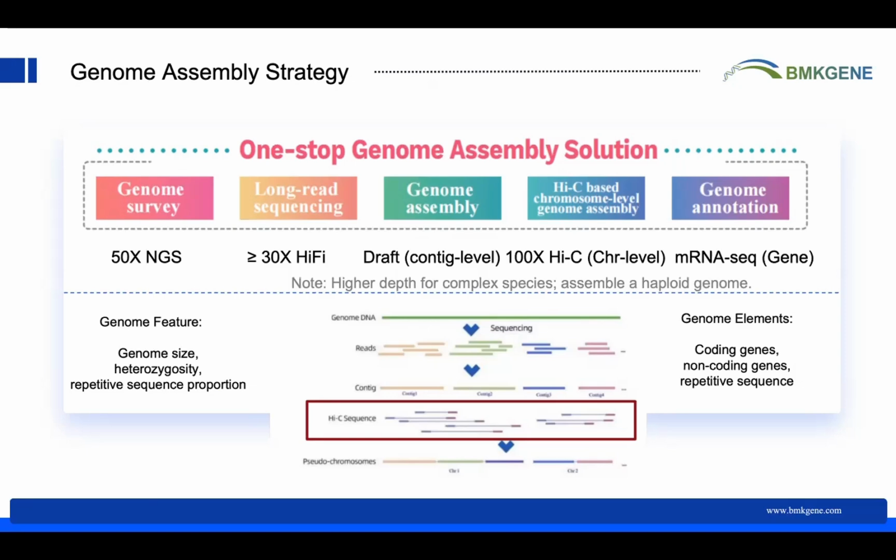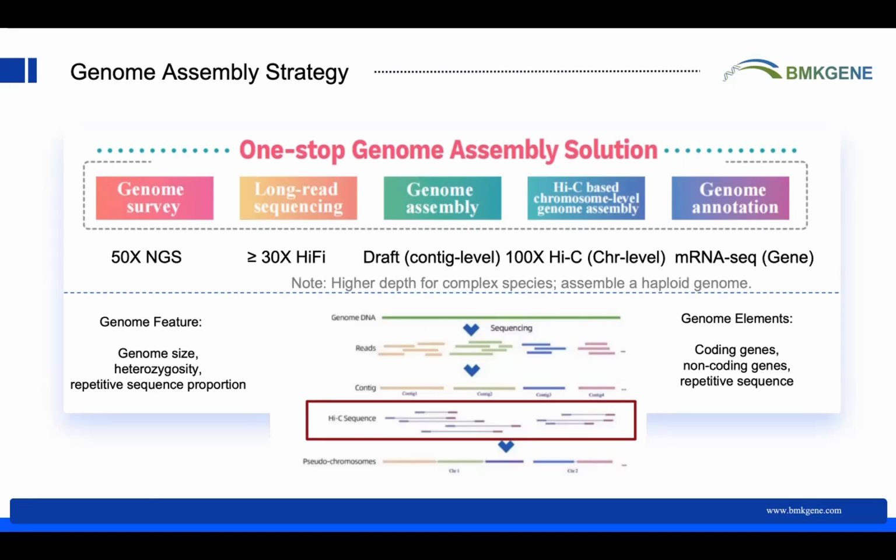From this interaction information, we can do the ordering, grouping, and orientation of the contigs. And from the contigs, we can upgrade the assembly to the chromosome level. At this point, we will get the genome sequence of the genome assembly.